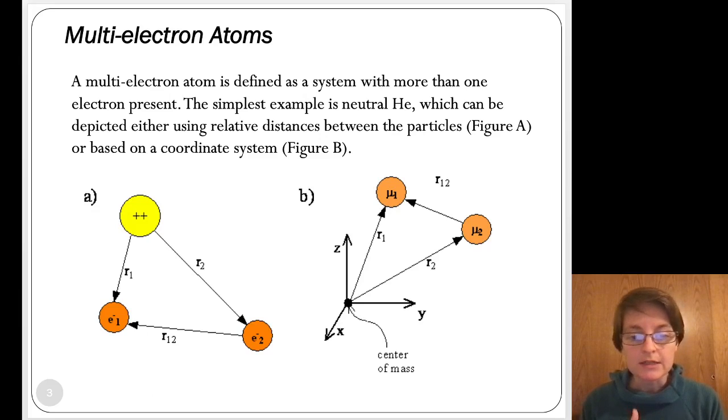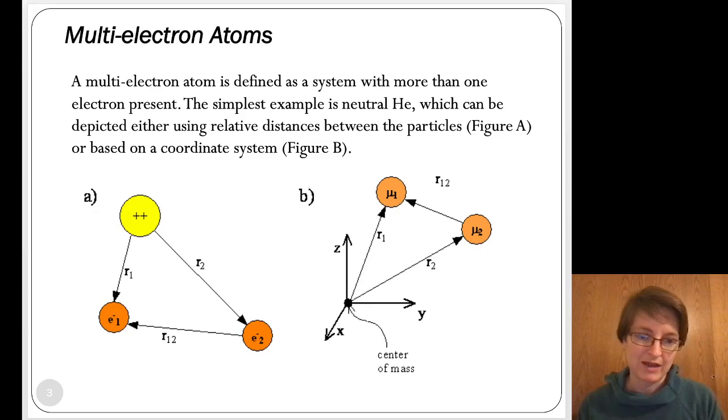And so we can depict the positions of all relevant particles in this system either using relative distances, which would be kind of the figure at the left, figure A, or what I like a little bit better, it's a little bit more rigorous, putting this whole system onto a coordinate system so that we can see the center of mass fixed at the origin. Remember that center of mass basically is the position of the nucleus, since the nucleus is so much heavier than the electrons.